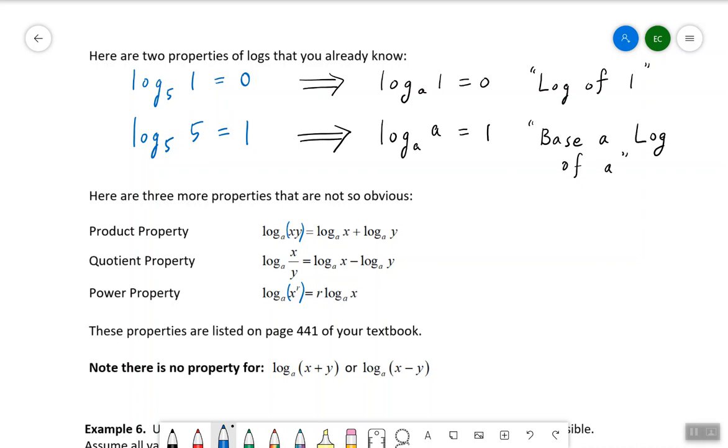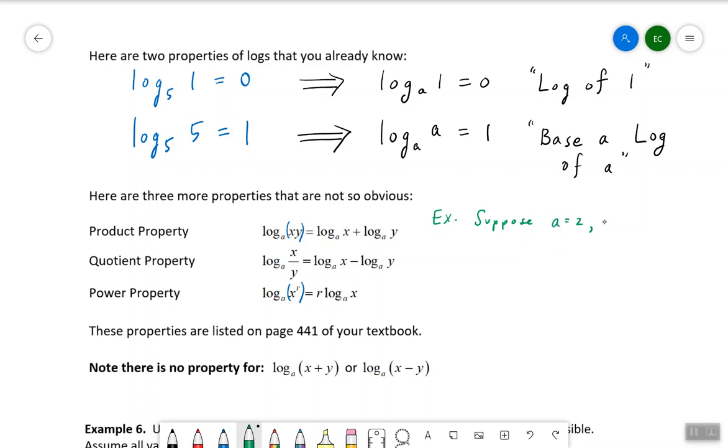So what we're saying here in this first property, the product property, is suppose that a is 2 and x is 4 and y is 8. Suppose x equals 2. I'm sorry, that's not x. That's a.